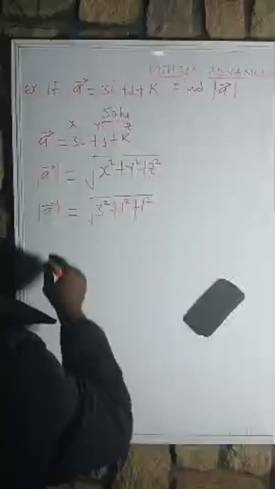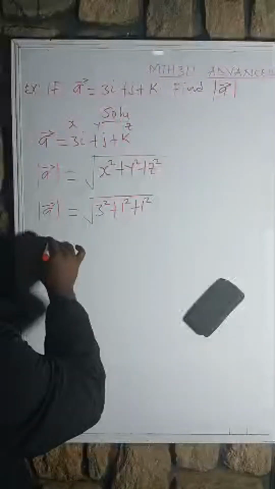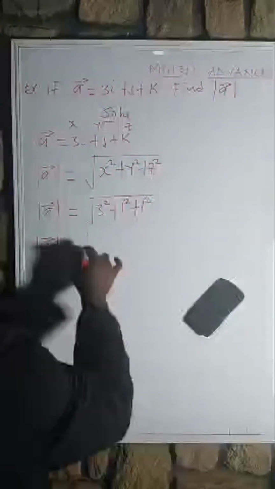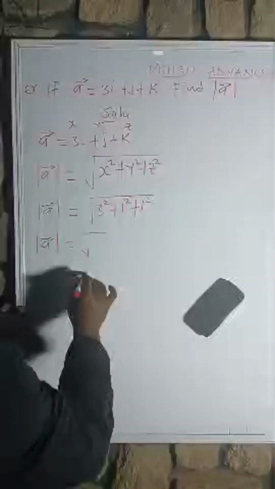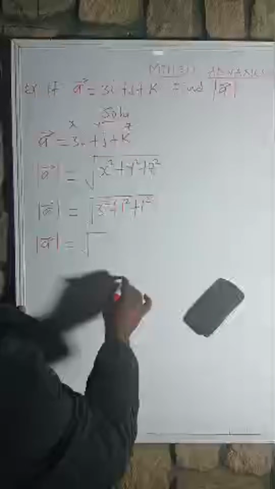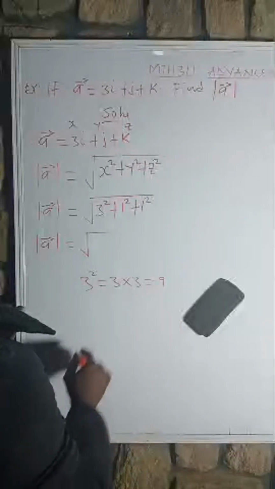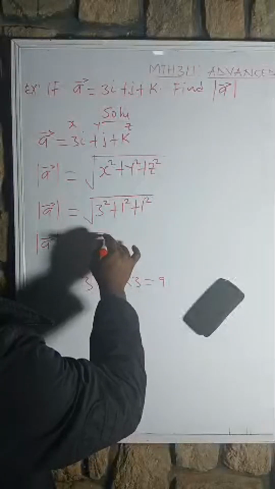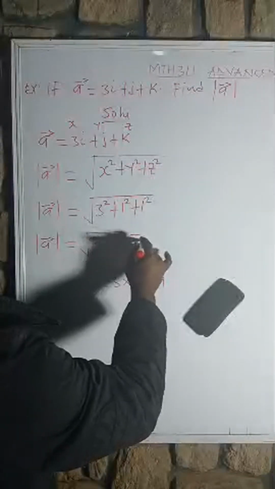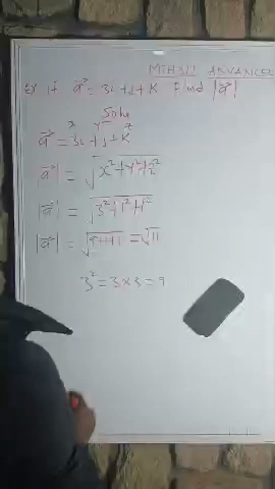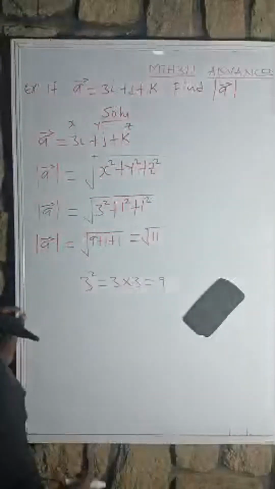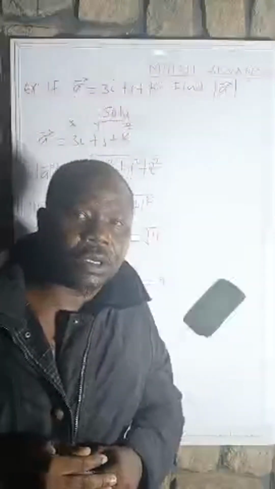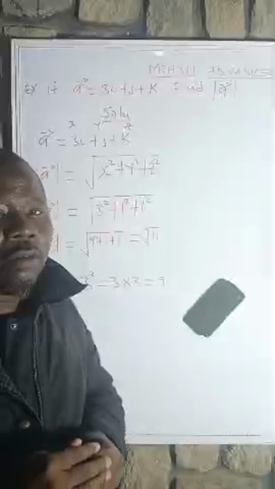So the magnitude of A, when we say 3 squared, 3 squared is the same as 3 times 3, which is 9. Here is 9, 1 times 1, 1 plus 1. This is equal to 11, right? So this is how to find the magnitude, or absolute value, or norm of a given vector.